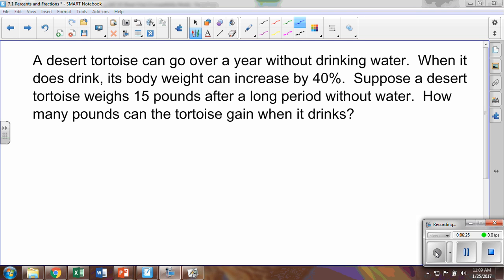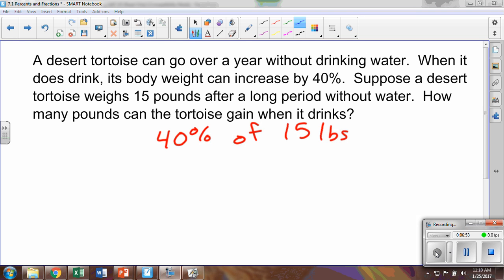Okay, 40% of course is how much it can increase. We're not looking for a percent of increase, we're looking for a number of increase. This is looking at it and saying we need to have 40% of those 15 pounds. What number is 40% of 15 pounds?